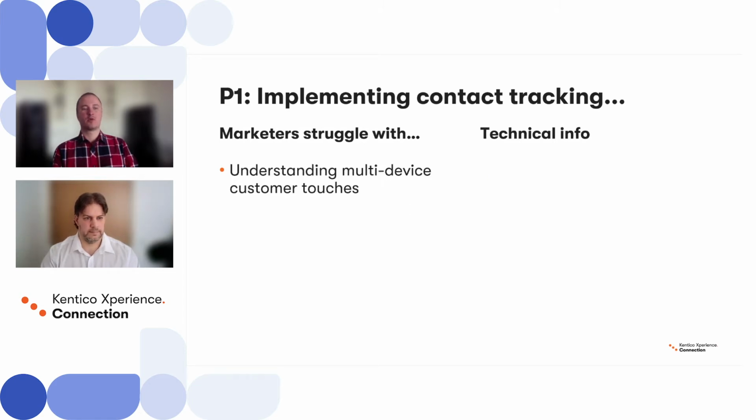The second thing worth mentioning is understanding multi-device customer touches, which means that it doesn't matter from which device the customer or visitor is coming from, it could be a laptop or a cell phone.